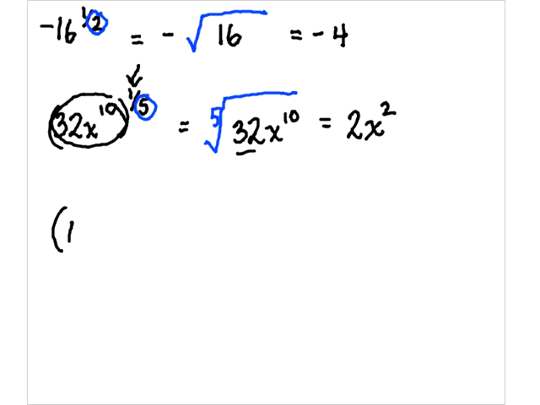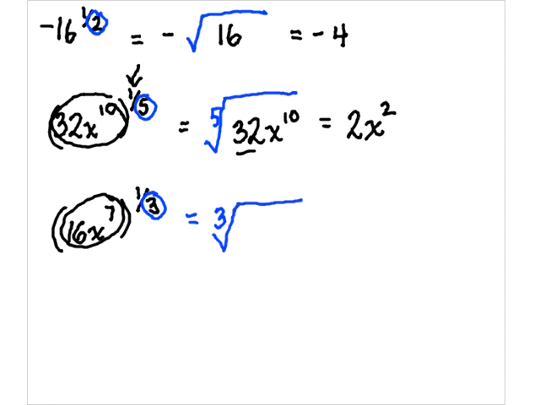Alright? Okay, let's do this last one. 16x to the 7th to the 1/3 power. So the 3 in the 1/3 power tells me I'm taking the cube root, and then all of this is going to be on the inside because it's in parentheses.